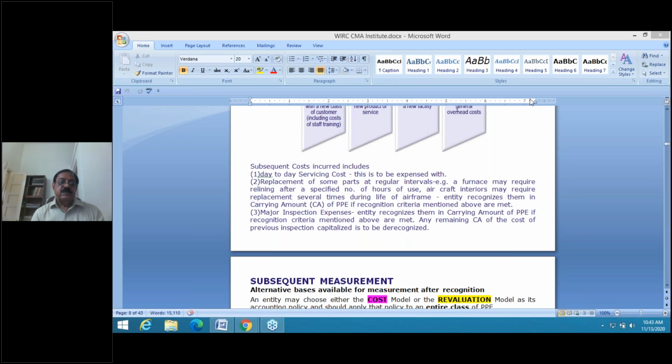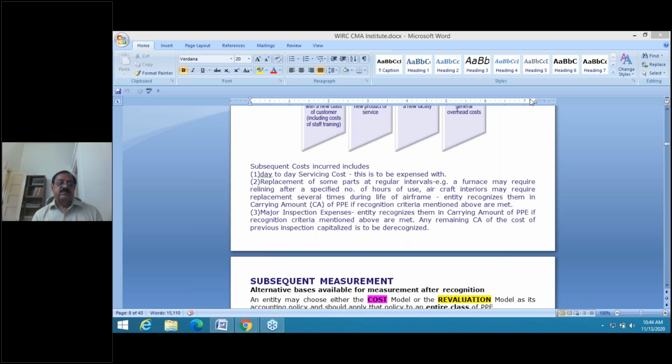Second, replacement of some parts at regular intervals, like a furnace may require relining after a specified number of hours of use. In a furnace, there is a very hot temperature, so it should be cooled down by lining. So this lining is to be changed after some years. Similarly, aircraft interiors may require replacement several times during the life of the airframe.